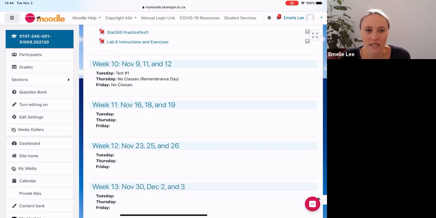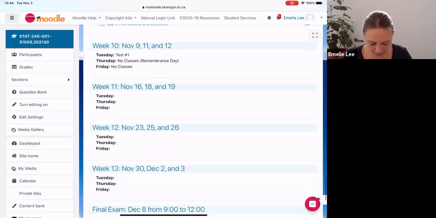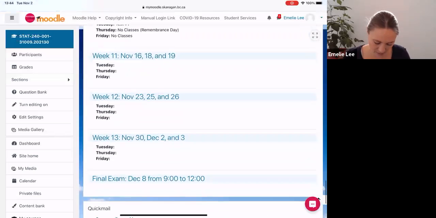So then we'll have test 1. And then remember, there's no classes on the Thursday or the Friday, right? So of course, you're off then. Okay, and so I think that's a nice place to have test 1 anyways. We committed to 2 tests, otherwise I would probably just do 1, but here we are. We're just making it work.